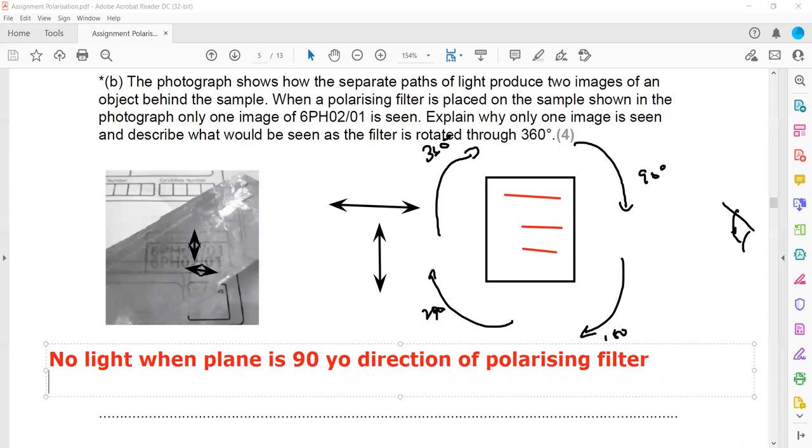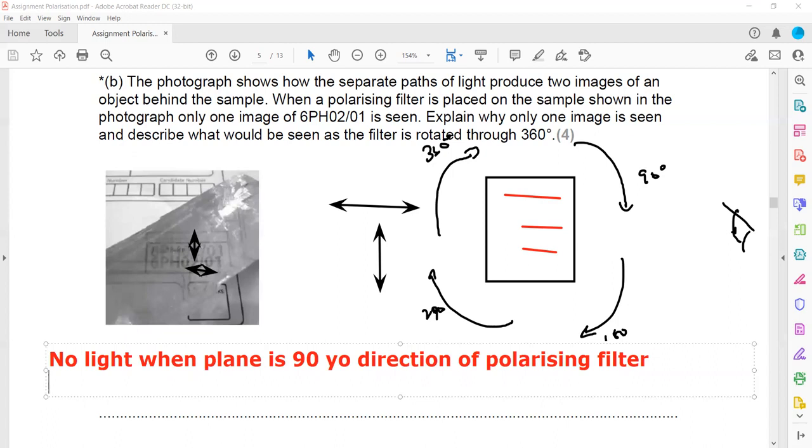Right now, without a polarizer, we are able to see both images. But once we place a polarizer and try to rotate, we'll see only a single image, because one of the images has a component perpendicular to the plane, that won't be seen, while the other image will be seen.